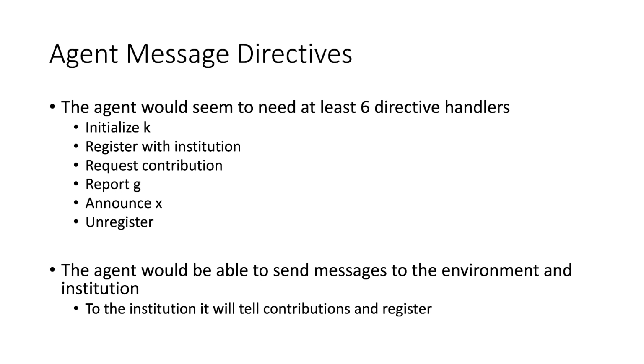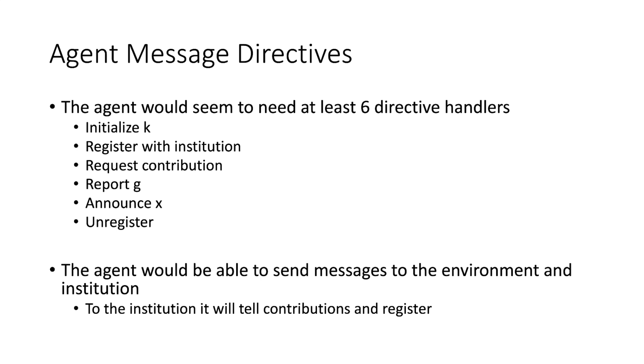So that's that. One of the things to consider is in request contribution, that's a message that will be coming from the institution, and so the agent will need to calculate how much money to turn over. So you might think of, for example, if you have different utility functions, you might actually have a single directive handler, of course, but then you might have different other methods that you call out to calculate based on whatever utility function you're using.